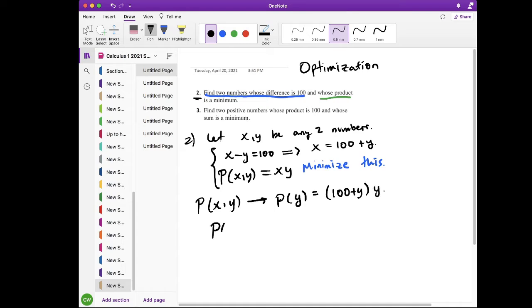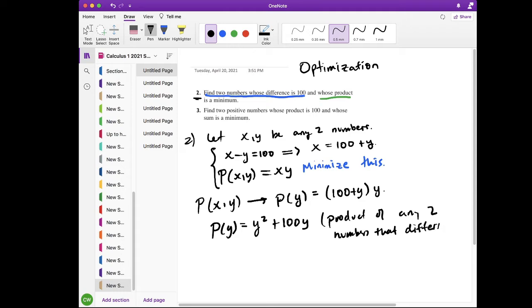So p of y is equal to y squared plus 100y. This is the product of any two numbers that differ by 100.